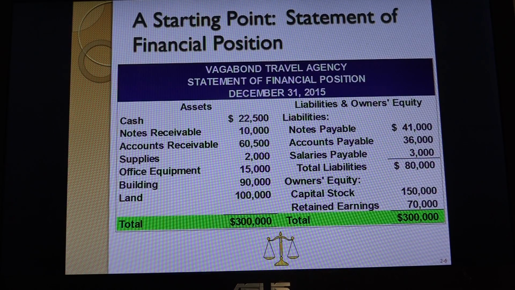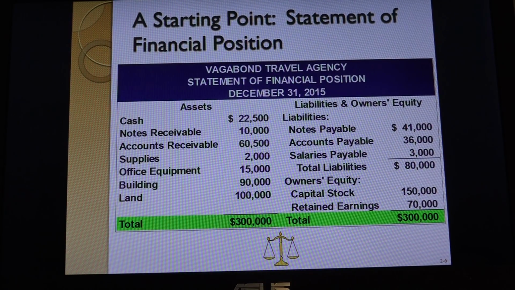And notice there's formalities about this. It can be varied a little bit, but notice that there are things that you have to do when you present these financial statements. First of all, you identify the company.